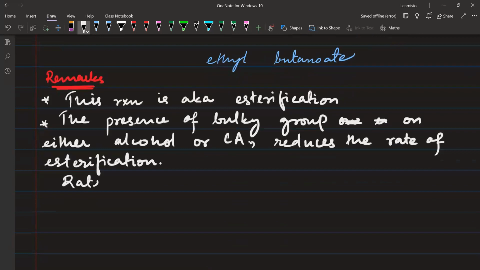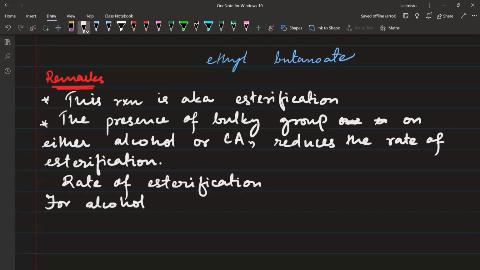So what can we say about the rate of esterification? For alcohol, the smaller one, for example methanol, will be fastest, followed by 1 degree. Next will be 2 degree, and 3 degree will be very slow.